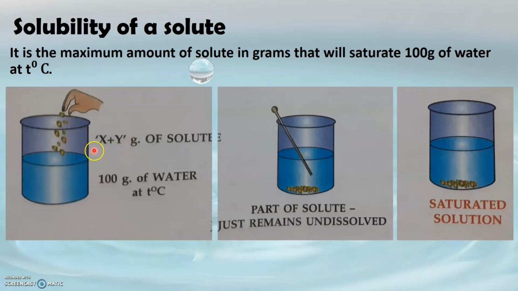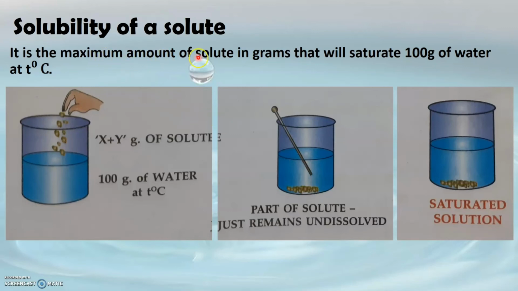So the maximum amount of solute added into this 100 grams of water is X plus Y gram. It is this maximum amount of solute that is called the solubility of a solute. Beyond X plus Y gram, if we add anything into this solvent, it remains as an undissolved solute at the bottom of this beaker.